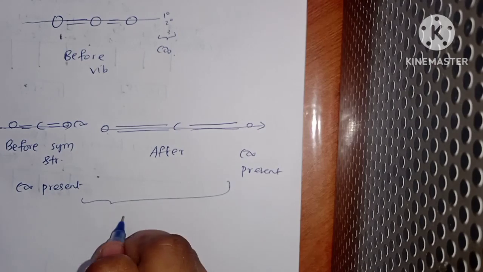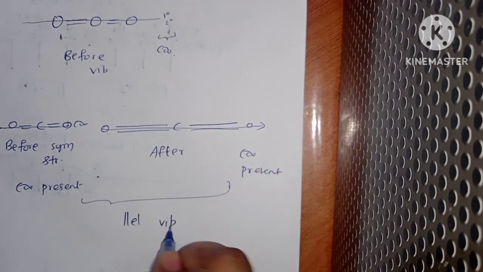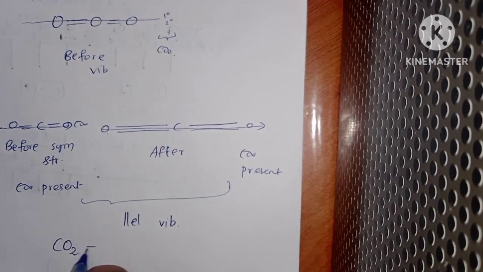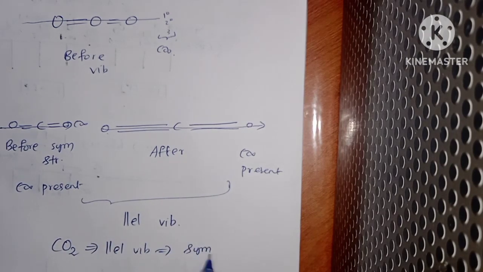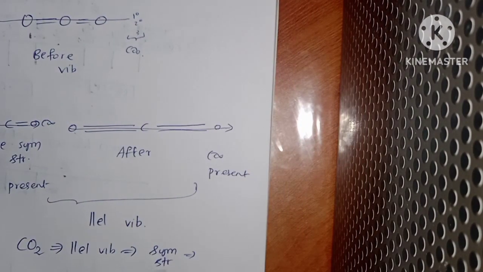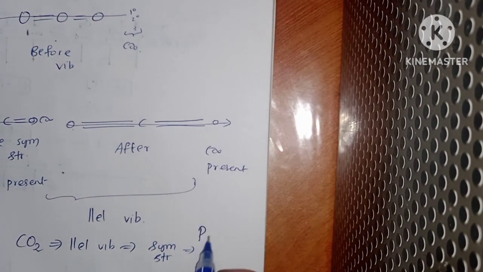Such a transition is known as parallel vibration. So for the CO2 molecule, the parallel vibration is symmetric stretching. If the vibration is parallel, it will give a PR branch.